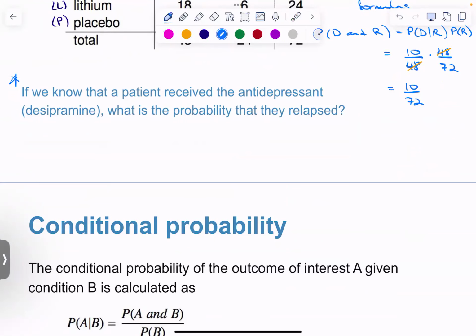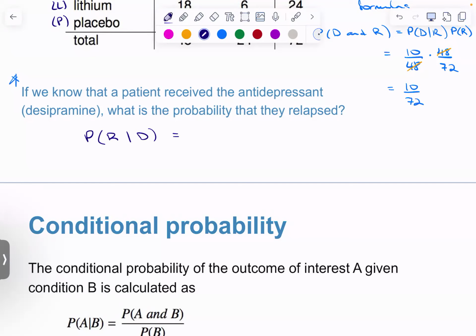So we want the probability that they relapsed given that they were on the antidepressant. That's probably the hardest part of the question, is reading that question and rewriting it in terms of a conditional probability.